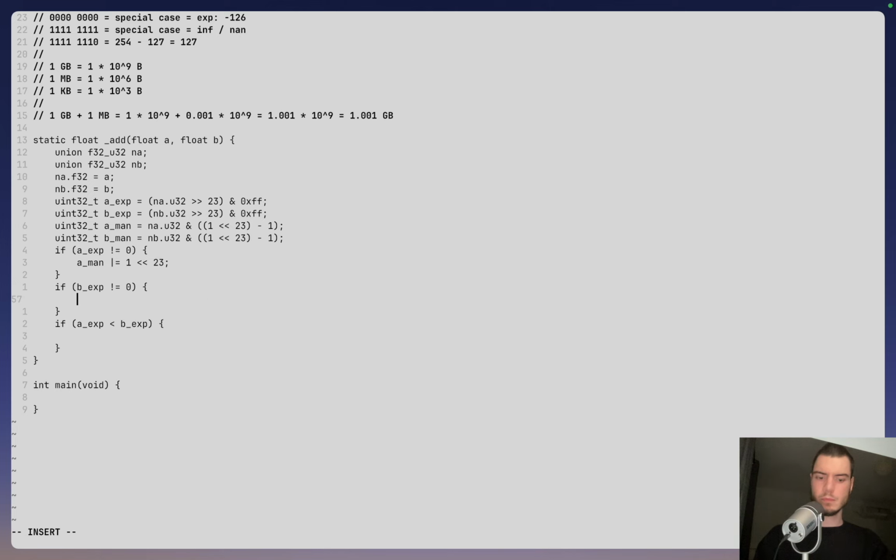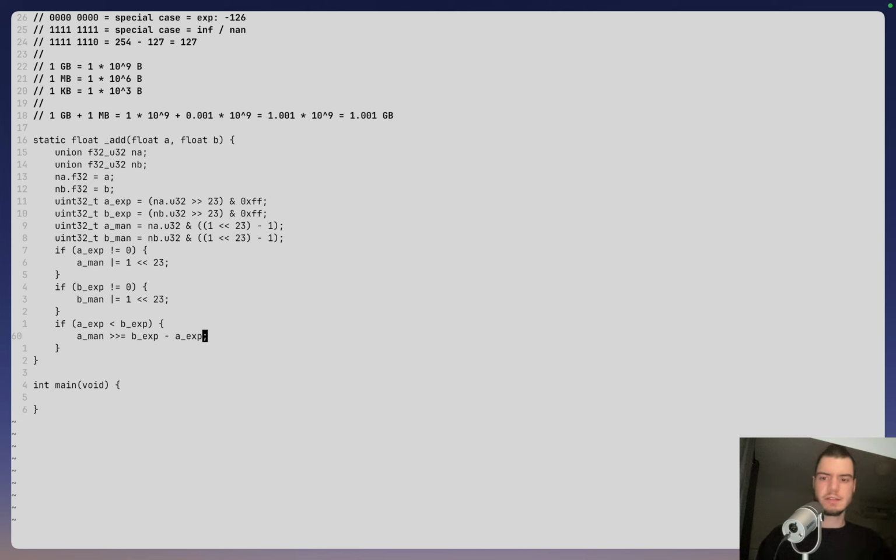All right. So now we can take our mantissa and shift it by b exponent minus a exponent.